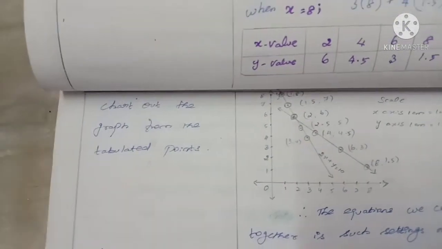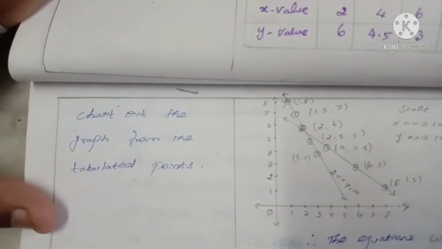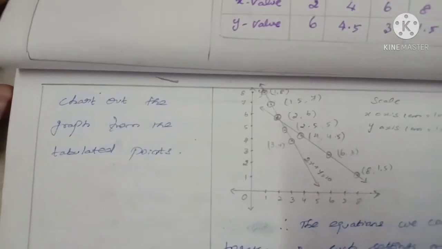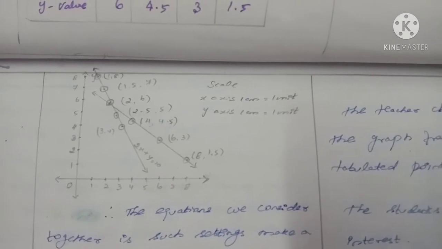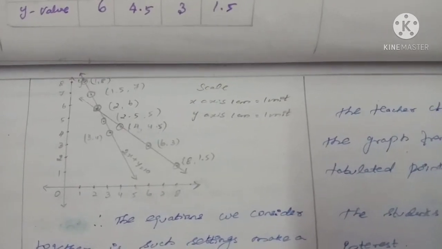Then in the next row, first box, chart out the graph from the tabulated points. Then we have to draw a graph like this. Then we have to write the scale also. I will show you closely.